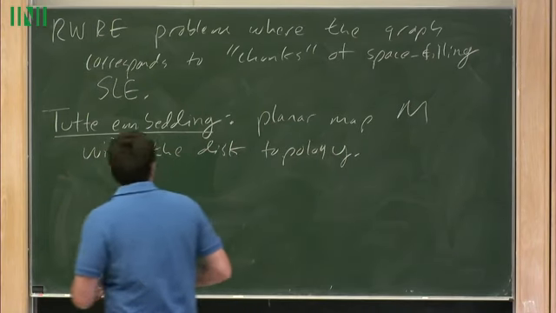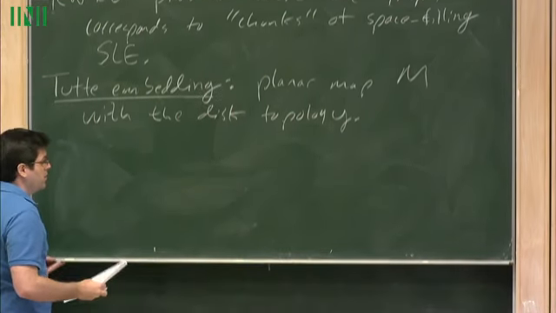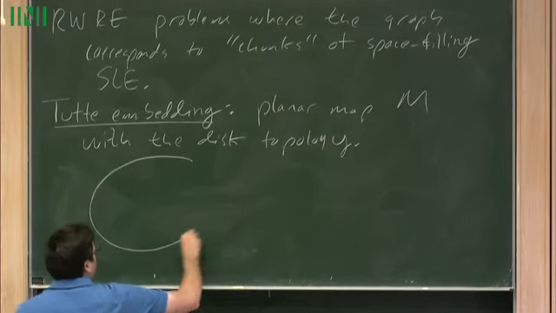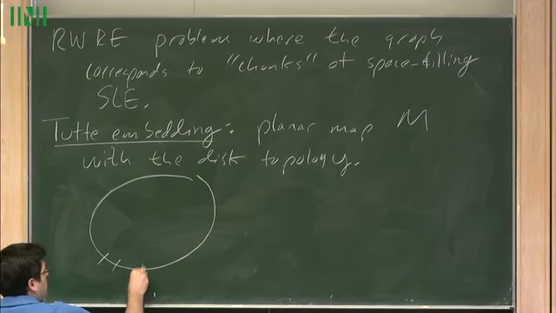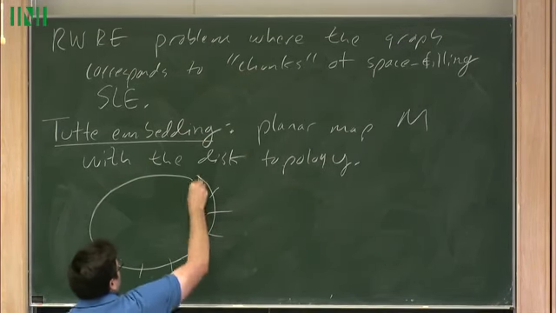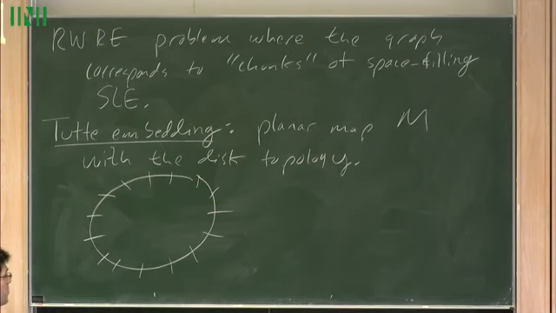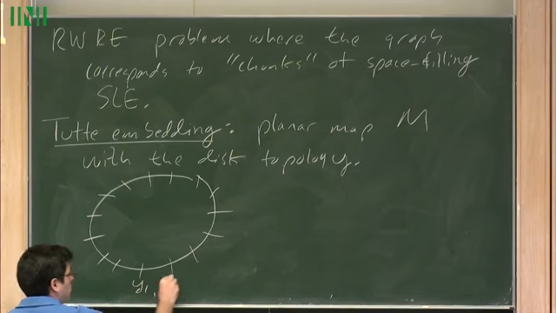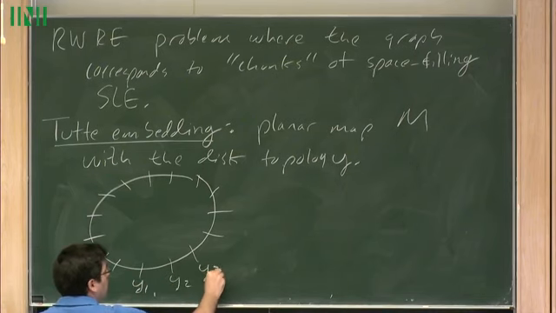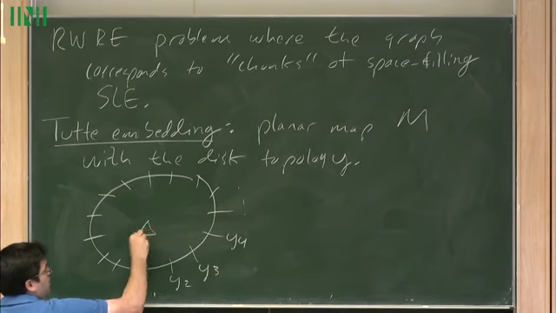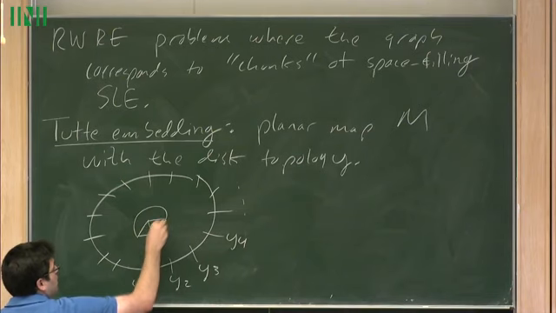Okay, and how is this embedding going to be defined? So let's say I have my planar map here, and it has boundary. Then I'm going to enumerate these boundary vertices. So let's say this is y1, y2, y3, y4, etc. And I have something, perhaps a random triangulation here.